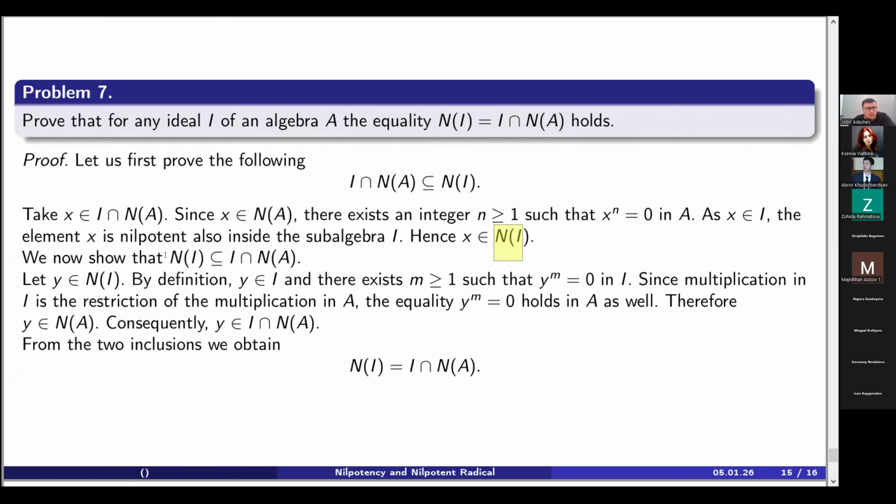We now show that N_I is a subset of I intersection N_A.